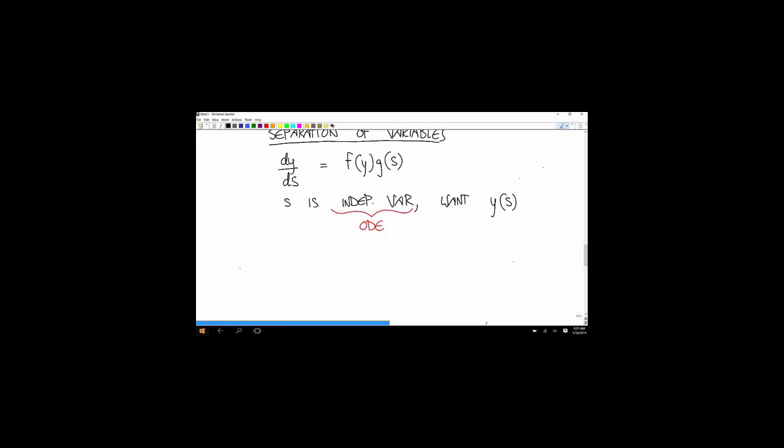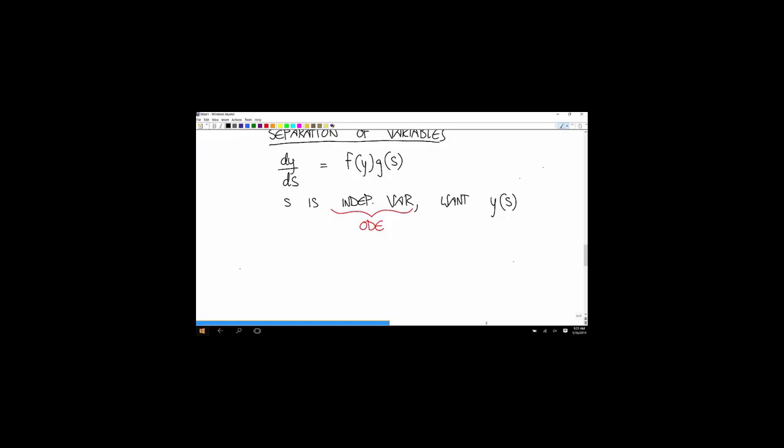I don't think this is probably the way that your math teachers would like you to think about this, but I think this is the way I always do it, and I think it's a nice way to think about it. So we'll get everything that is a function of the dependent variable on one side, everything that's a function of the independent variable on the other side, okay?